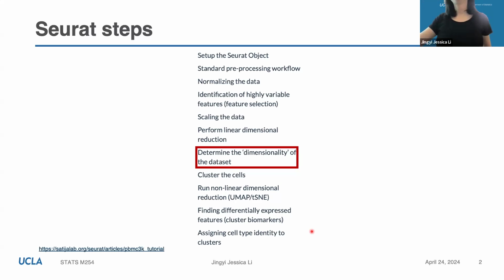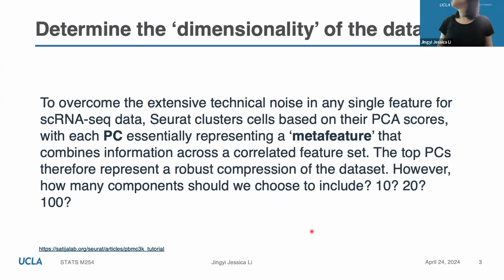Just to recall, the 2 ways we gave you: one is to maximize the variance in your PCs. Second, from K PCs, with K less than P, where P is the original feature number, you can best restore the P dimensions from the K PCs. This is where we stopped: how do we choose the number of PCs? Because each PC is a meta feature that combines information across the original correlated features, how many PCs should we keep?